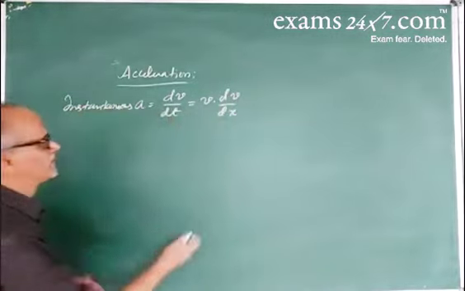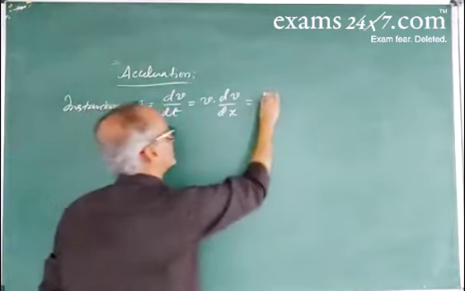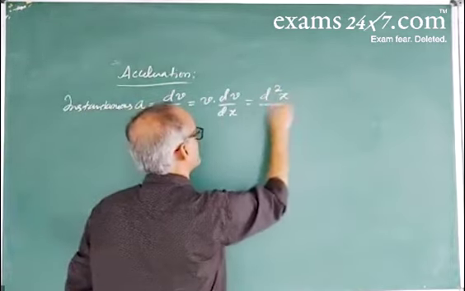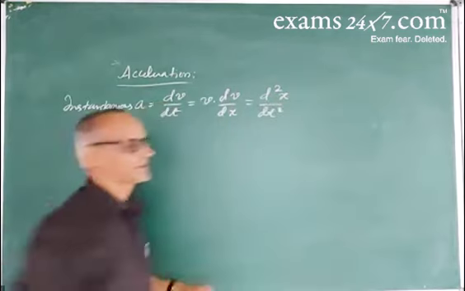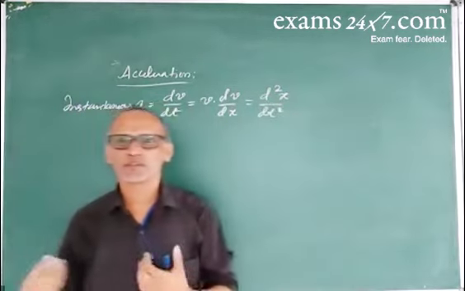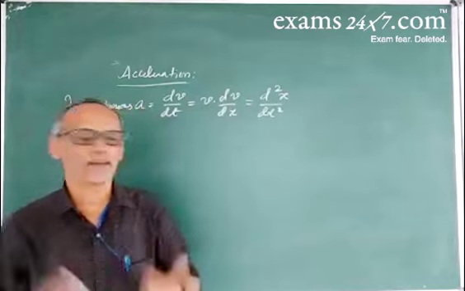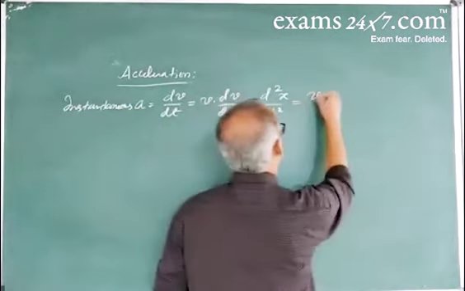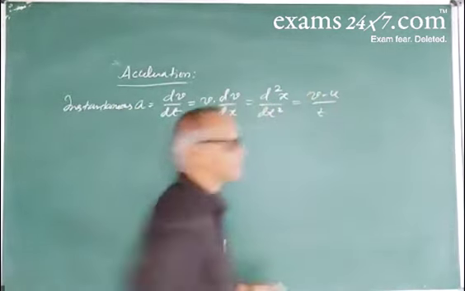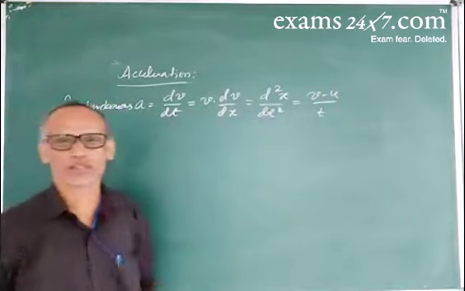And in terms of the distance, it is double derivative, which is d square x by dt square. Suppose the body moves with uniform acceleration, and if you know the initial and final velocity, you can even use it as v minus u by t. So I've combined all the equations in one.